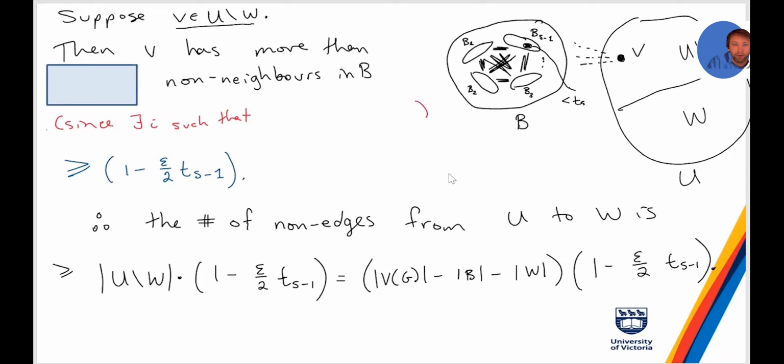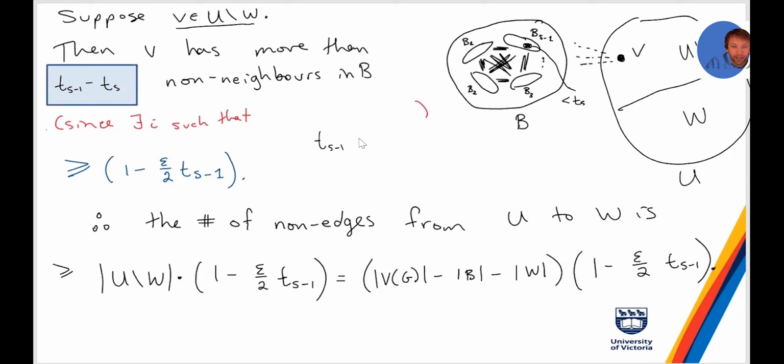But that only has to happen for one part, so S minus 1 is maybe not quite correct. It just has to have less than Ts neighbors in some part. So it has at least Ts minus 1 minus Ts non-neighbors in B, because there's some part for which it has a small number of neighbors. V might be adjacent to everything everywhere else, but there's some part where it has a small number of neighbors. So it has a large number of non-neighbors.